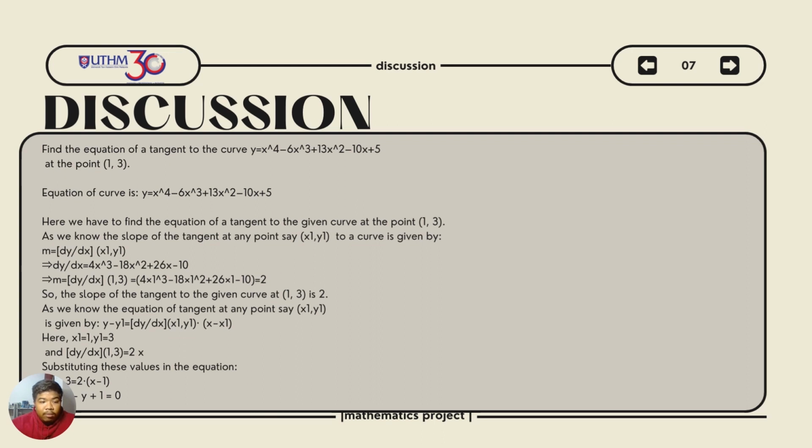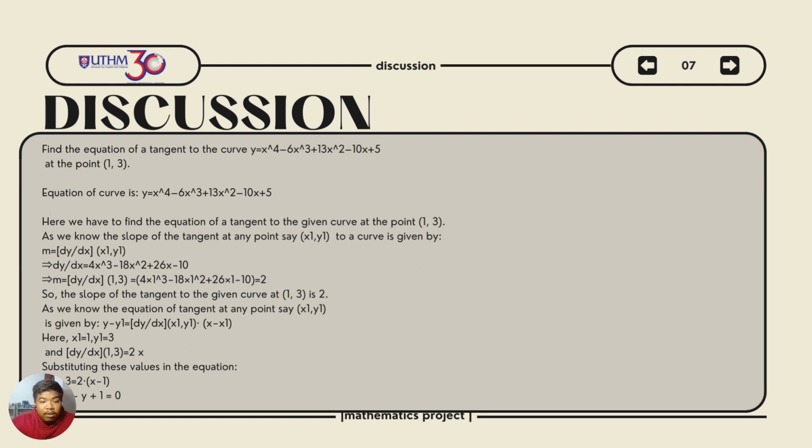The equation that has been given is y equals x power of 4 subtract 6x power of 3 plus 13x power of 2 subtract 10x plus 5. As we know, the given coordinate is (1, 3).